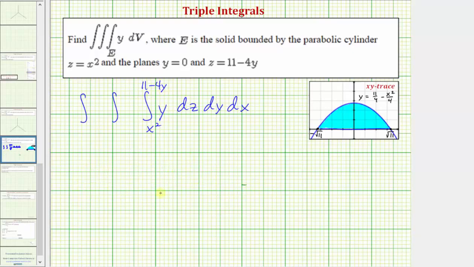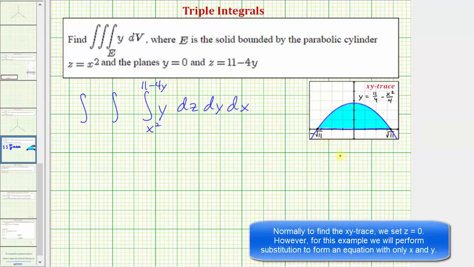Now from here, to determine the limits of integration for y and x, we want to determine the xy trace, which is shown here. Let's explain where this came from. Using the given equations, we have y equals 0, which is the graph of this horizontal line here. And then we have the equations z equals x squared, as well as z equals 11 minus 4y.